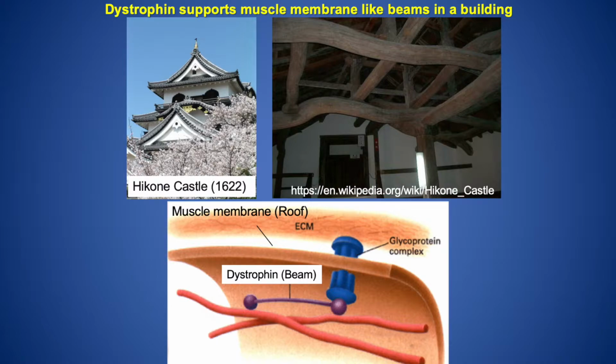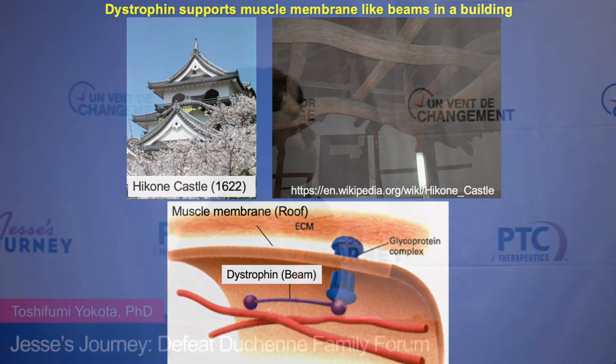It turned out dystrophin supports the muscle membrane like beams in a building. The top picture here is Hikone Castle. It's a very beautiful castle in Japan. Has anyone been to Hikone Castle? No? Actually, I've never been there. But it's very beautiful, one of the oldest existing castles in Japan. If you look inside the castle, many beams support the roof.